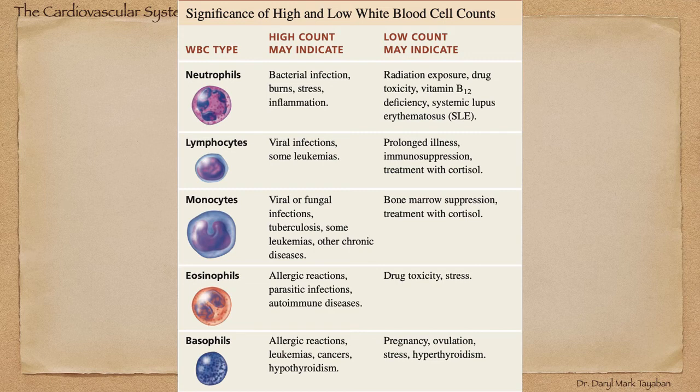But let's move on. Next one is eosinophils. If it's elevated, it indicates an allergic reaction, and then parasitic infection as well, and autoimmune disease. I just want you to remember that it could be because of allergic reaction and parasitic infection. But for quizzes, you can also memorize autoimmune disease.